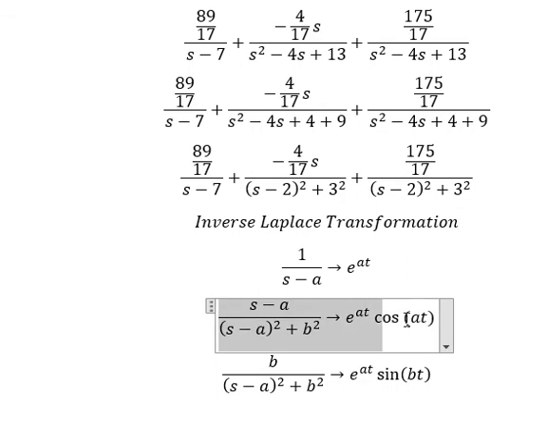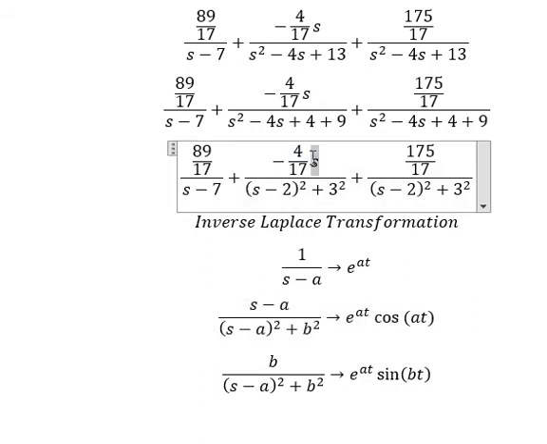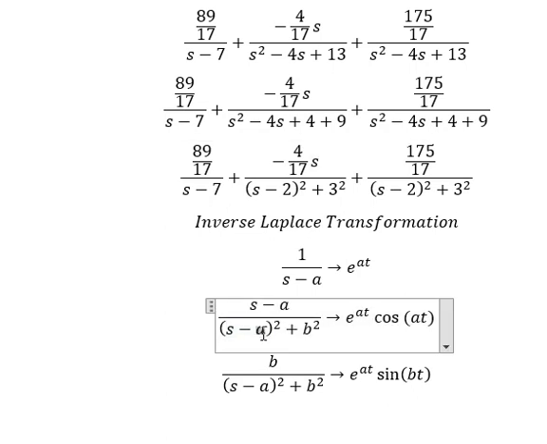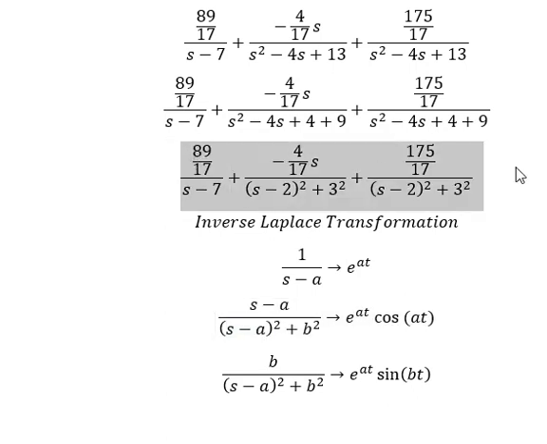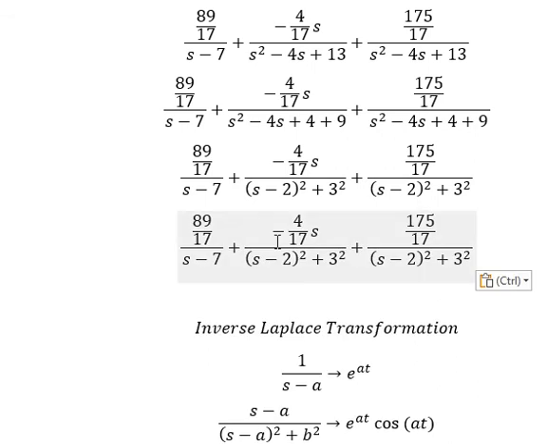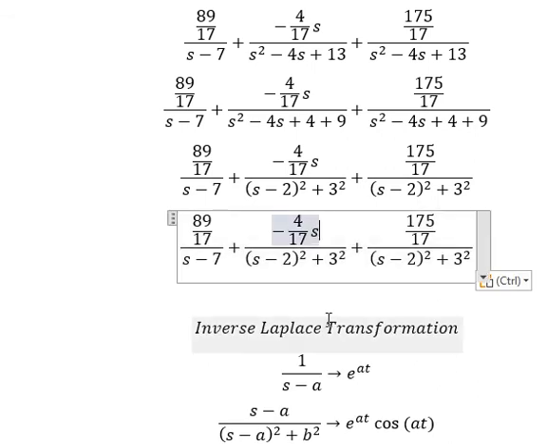But about this one, we have s minus a. This one we just have only s. A in here is about number 2. So in this situation, we need to add a number in here. So they should be positive 8/17.